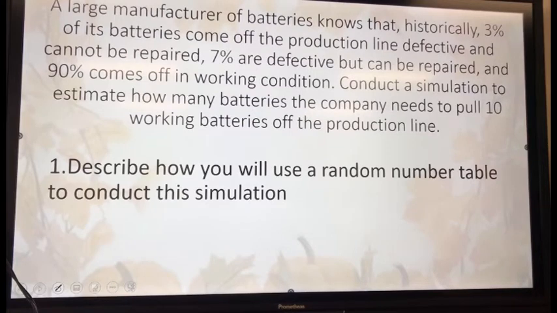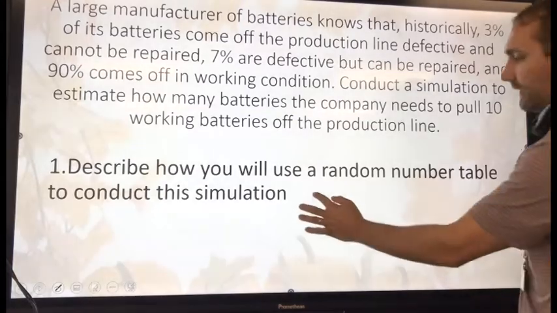So we're using a random number generator. How should we set that up to represent 10% are bad, 90% are good? Is it 1 to 10 or 1 to 100? Okay, you can do that.